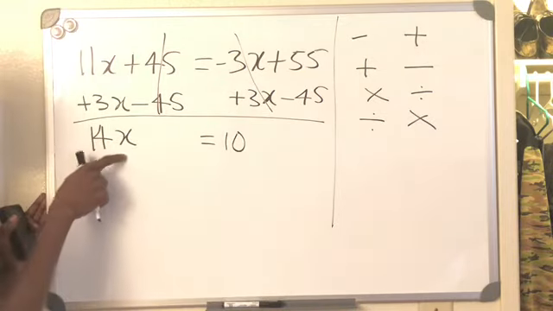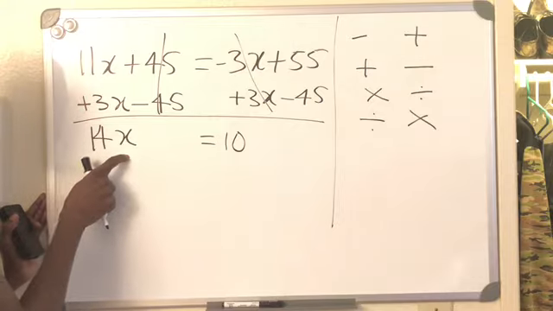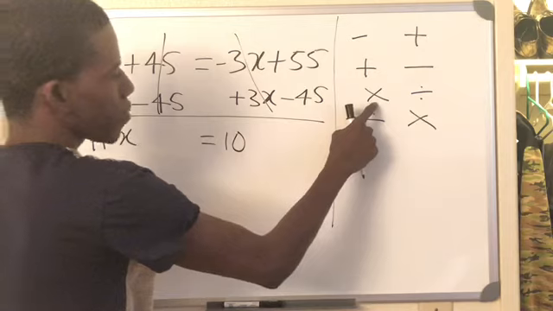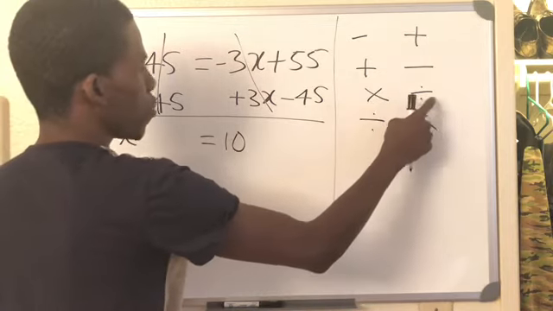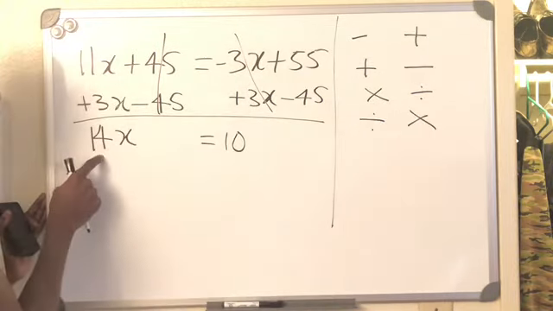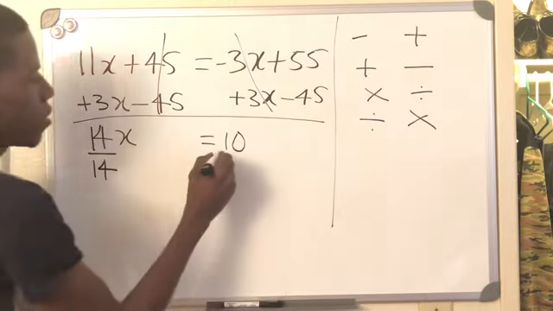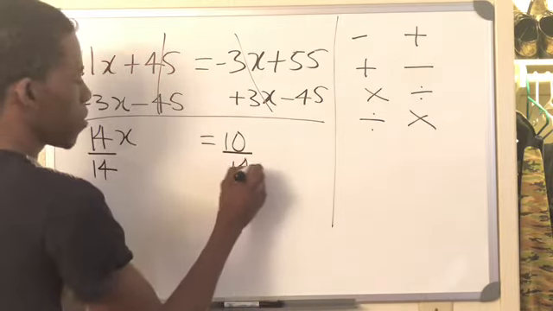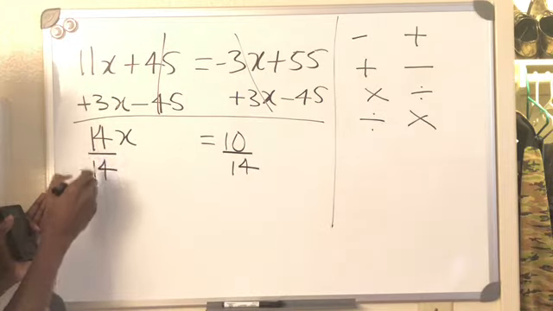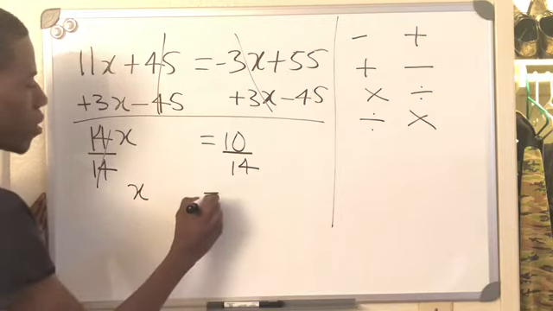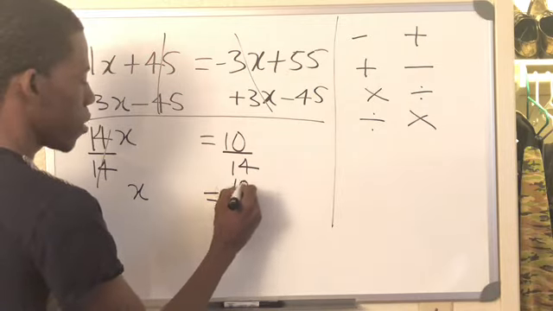So for this 14x right here, like I said, it's 14 times x. If it's multiplied, I'm just going to divide to get rid of it. So I divide by 14. Now 14 divided by 14 is 1. So I have x left equal to 10 over 14.